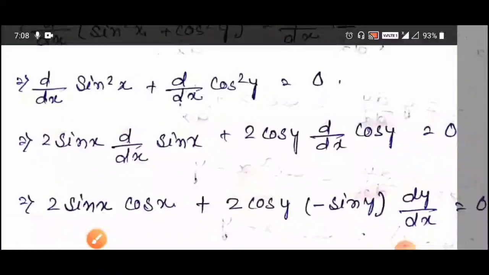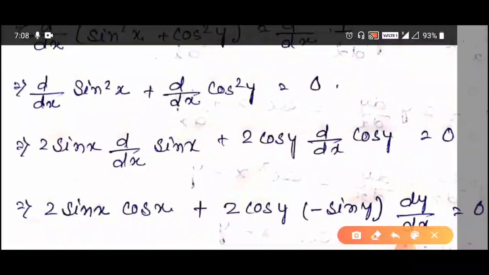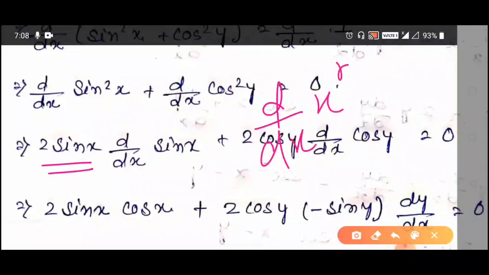To differentiate sin square x with respect to x, first of all we will write 2 sin x because here we are using the formula of d dx of x to the power n, which is n x to the power n minus 1. So here we have used this formula, so it will become 2 sin x.